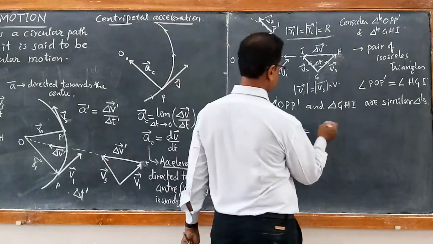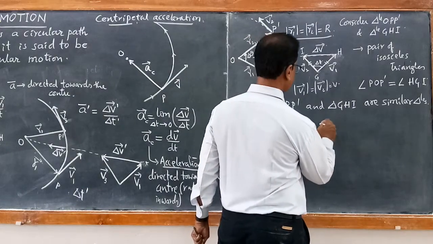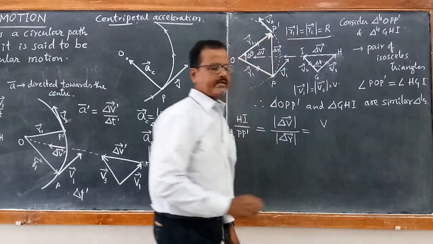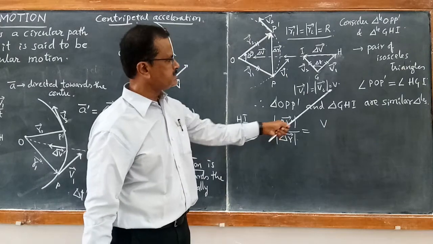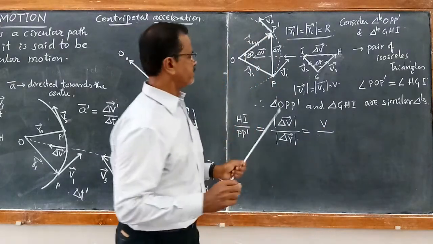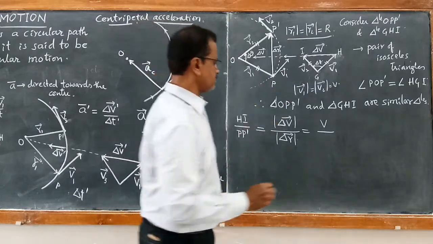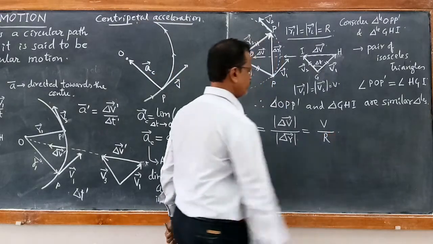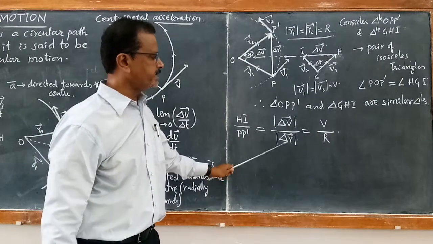So you can write, magnitude of V1 is nothing but V, divided by magnitude of R1. Magnitude of R1 is R. Thus we get V by R. This is what we are interested in.